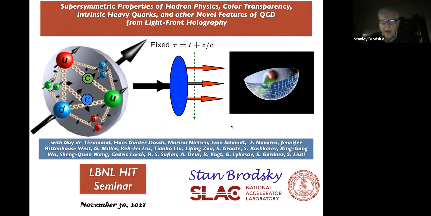But we also know, from general principles about how the form factor works in AdS5, that in order to make it work, you have to have this basic formula that a perp squared goes like tau minus 1 over Q squared. That's a crucial remark. And of course, it's obvious physically that the more constituents that have to be brought together, the more difficult it is to make the composite system small.